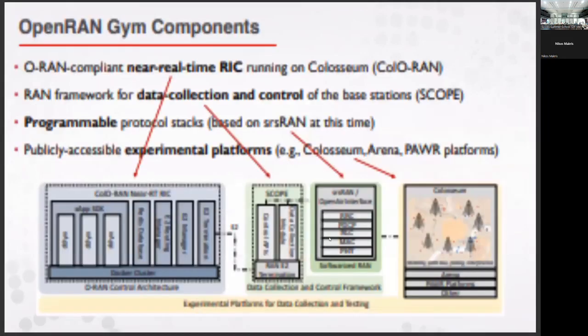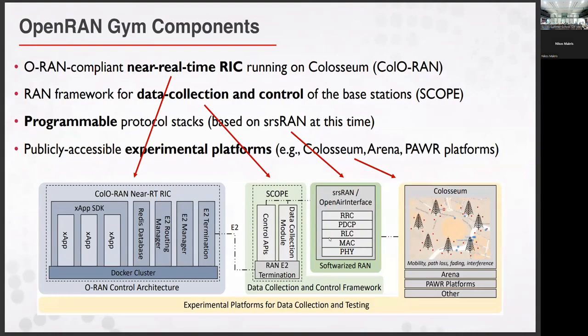So, more details on how the architecture is set up. The right side is where the Colosseum environment is. Right now, we work with Colosseum, but I can also show you the pathway to bringing it into your platforms or to the PAWR platforms that are out at those 4 different locations. But what we have end to end is the following. Starting from the right side, these are publicly accessible experimental platforms, the programmable protocol stack.